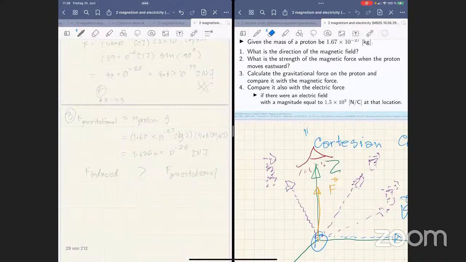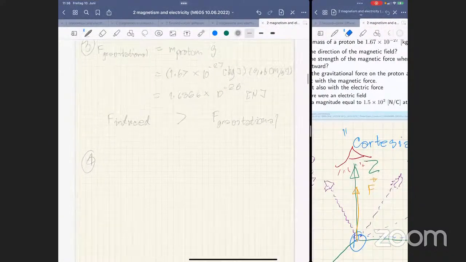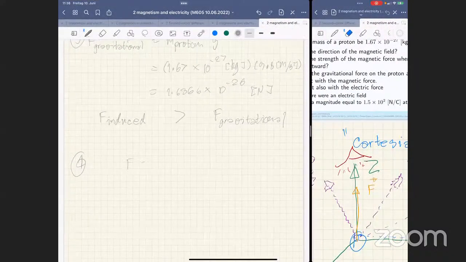Compare it also with the electric force. For the fourth problem, we will apply the formula F equals QE, I think.